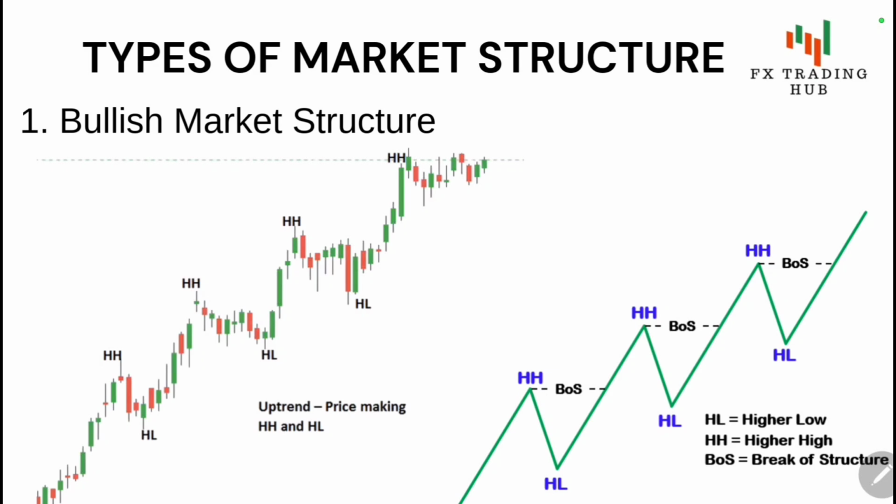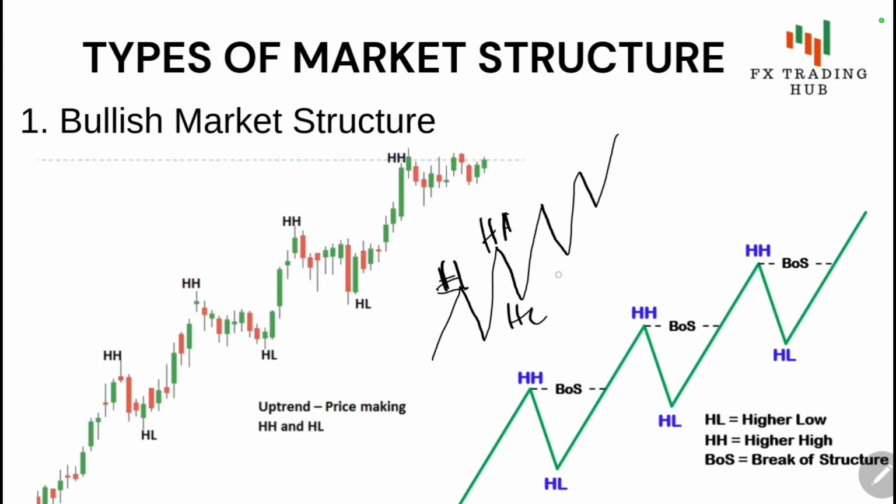For a bullish market structure, as you can see here, the market is making higher highs and higher lows, higher highs and higher lows, and so forth. That is a bullish market structure. You don't need a trend line to tell you the market structure or the trend of a market.